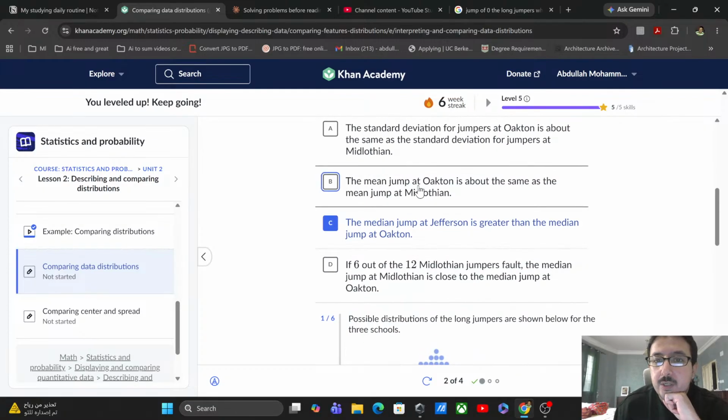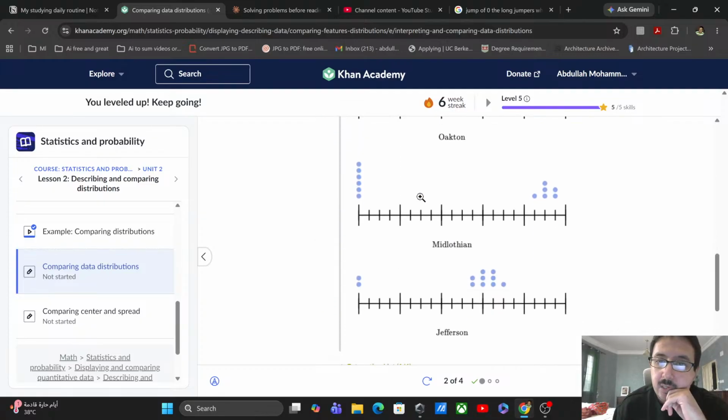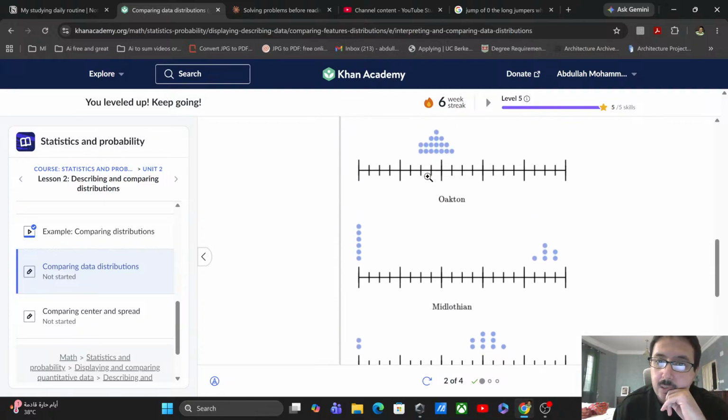The mean jump at Octane is about the same as the mean jump at Middleton. No way. Really? Is it?